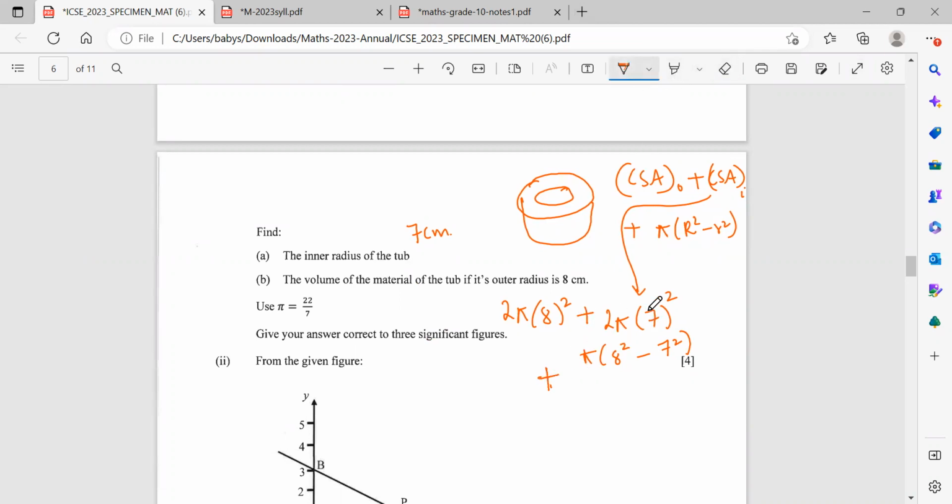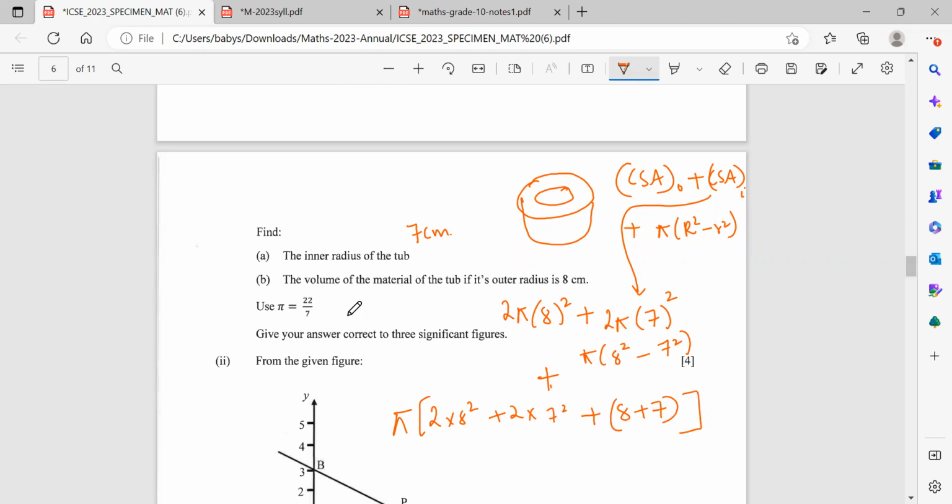Plus pi into outer circle minus inner circle. So you can take out pi common: 2 into 8 square plus 2 into 7 square plus 8 square minus 7 square, that is 8 plus 7 into 8 minus 7. And of course, you can simplify this.